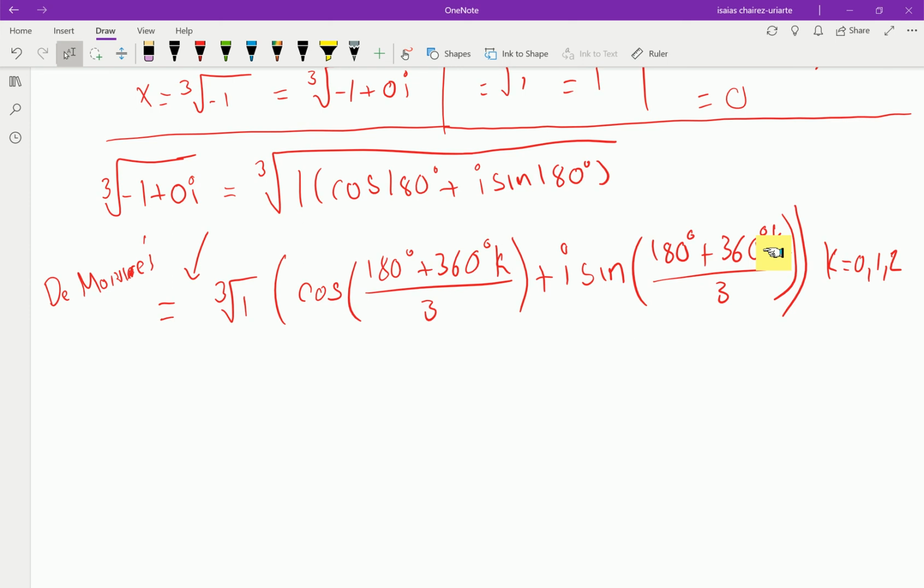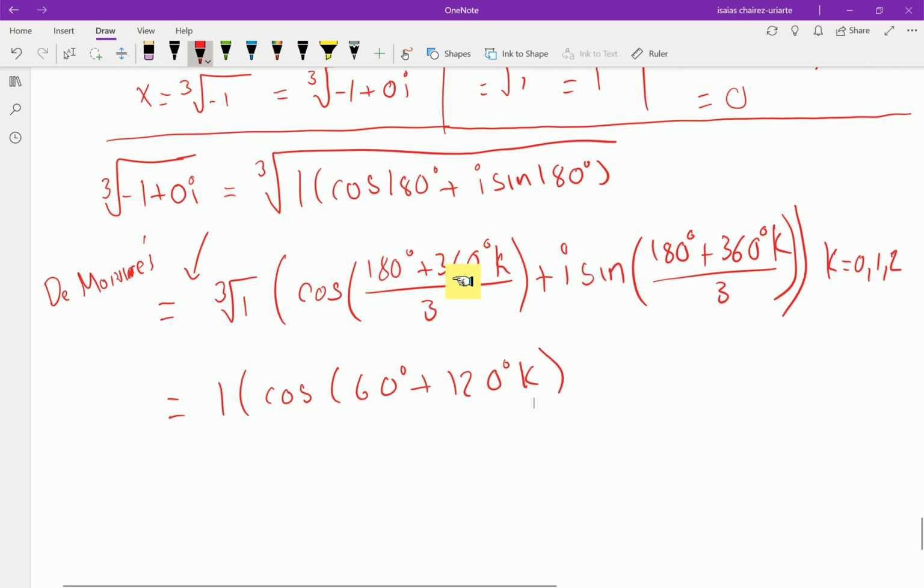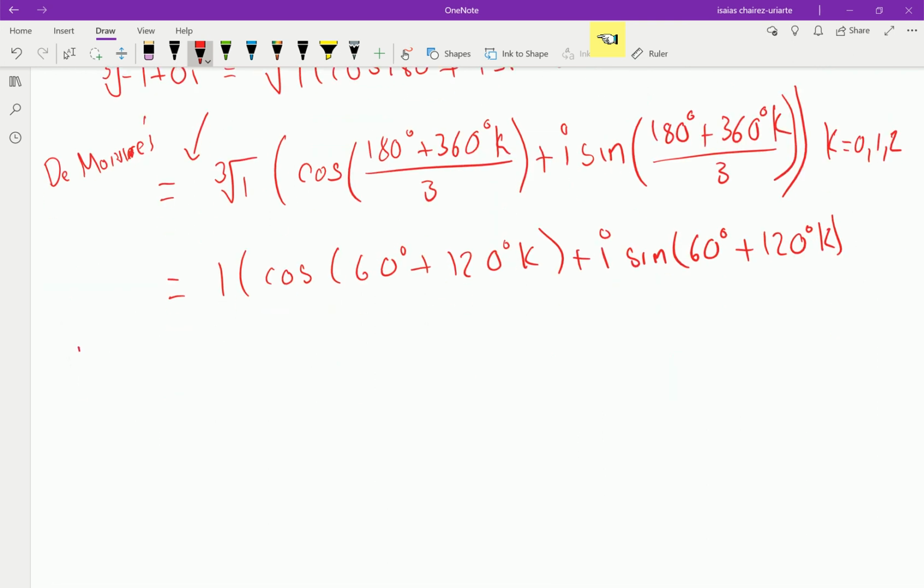I'm going to go quickly here. This becomes 1 times cosine of (60 plus 120k) plus i sine of (60 plus 120k), because it's 180 divided by 3 and 360 divided by 3. I'm just going to give you the answers in rectangular form.